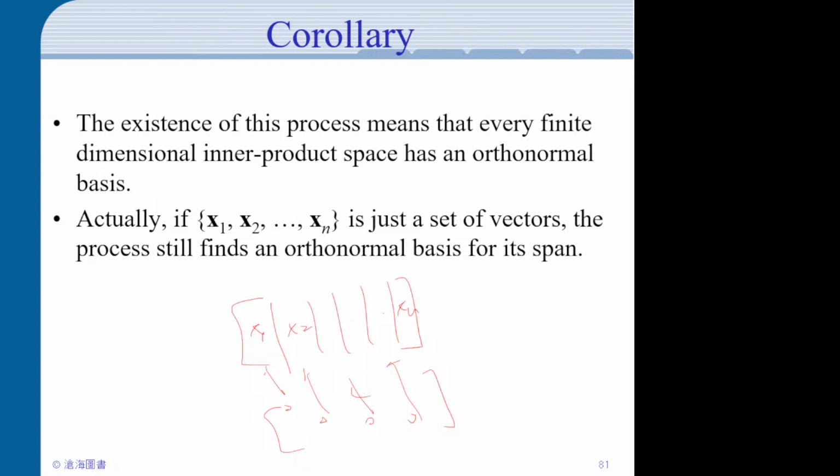You will find some basis from x1 to xn, and Gram-Schmidt is a little different, in that you will find something that's also a linear combination of those, but it's also orthonormal.